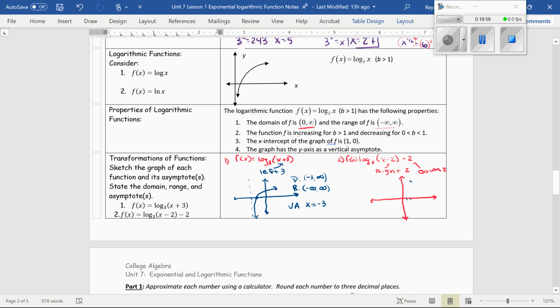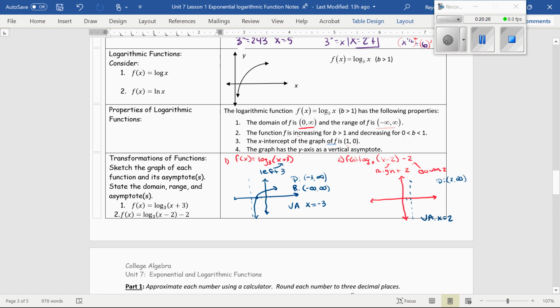And so we have a vertical asymptote at 2. Okay, so notice that your domain and your vertical asymptote are connected this time instead of your range and your horizontal asymptote. Our domain is going to go from 2 to infinity. It's not flipped in any way.